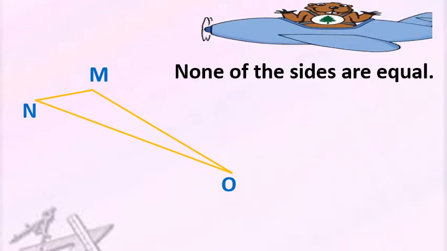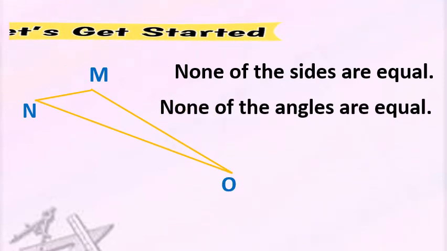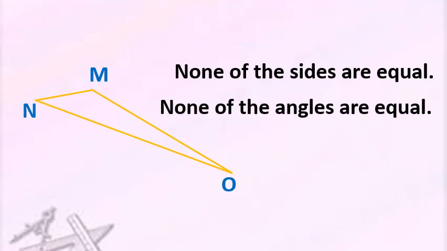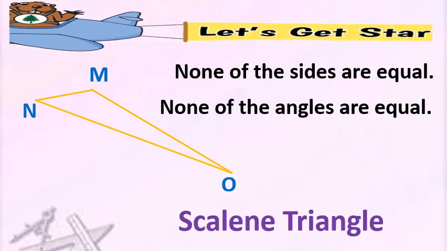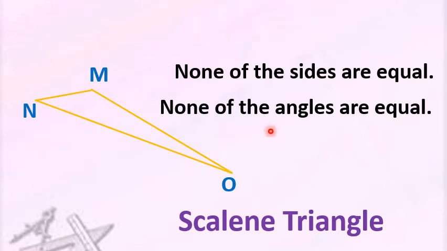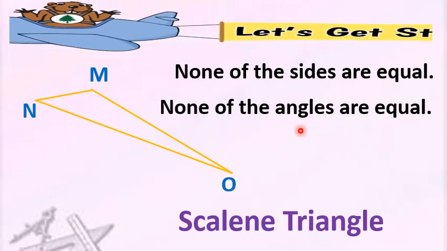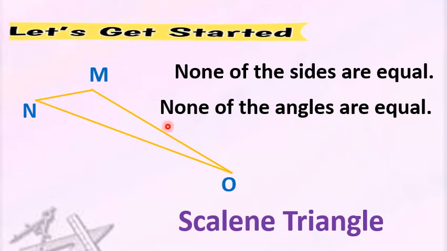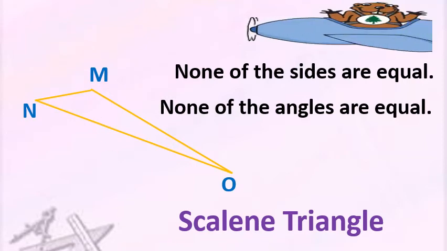So none of the sides are equal and none of the angles are equal. Whenever you have such a triangle, its type is a scalene triangle. It's an unusual triangle, so we call it a scalene triangle.